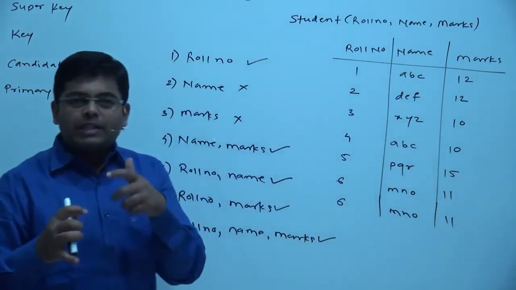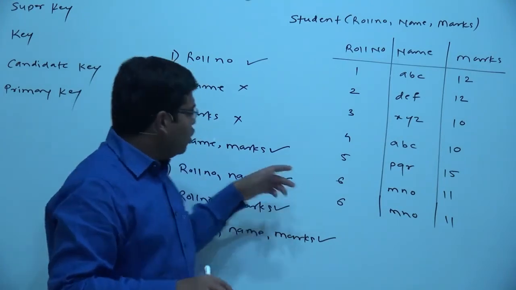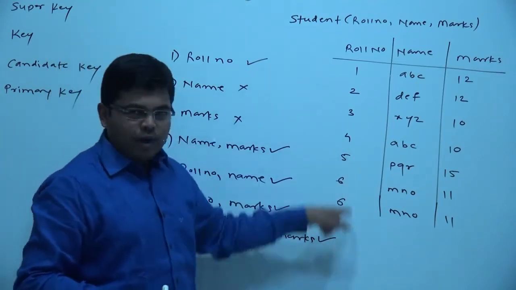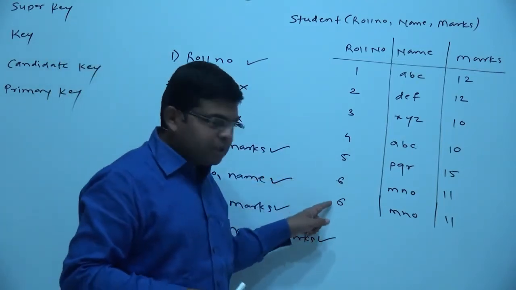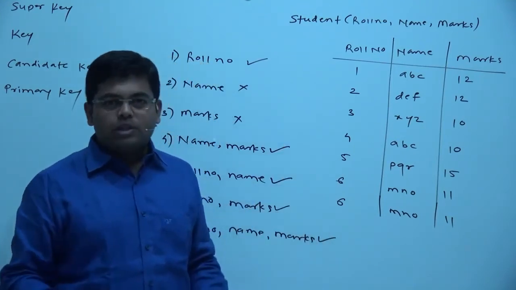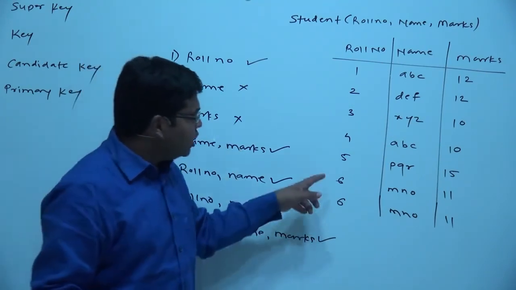So what I can say, that whenever you have got duplicate rows present in the data, no combination of attributes will be having unique value. Or what we can say, whenever you have got duplicate tuples present in the data, any combination of any number of attributes is going to repeat.